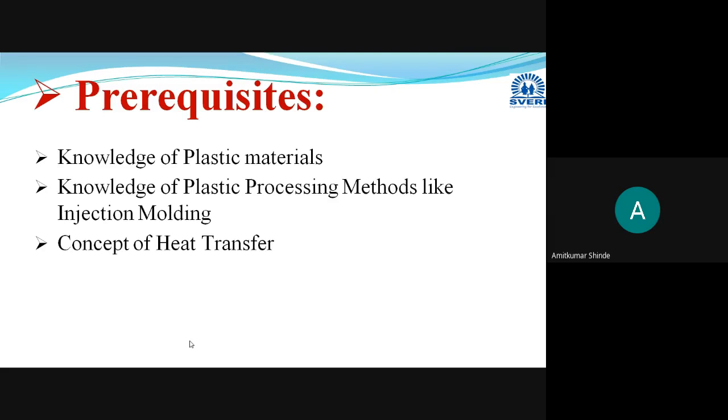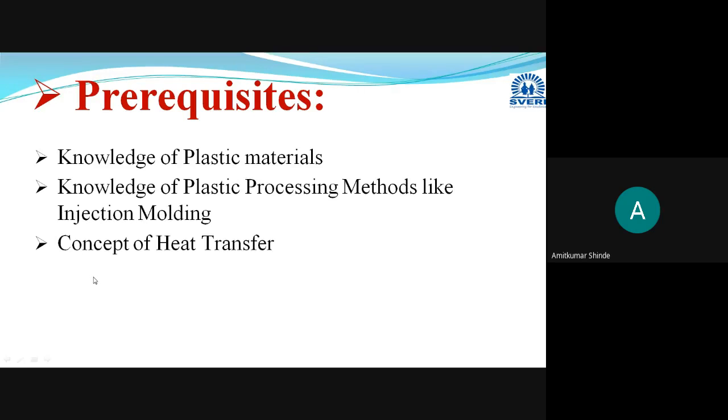Then what are the prerequisites to understand this chapter very clearly? We require the knowledge related to the plastic material and their properties, and then we should have the basic knowledge related to the processing methods. Here we are going to discuss only the injection molding process which we are using for the plastic material, and then the concept of heat transfer.